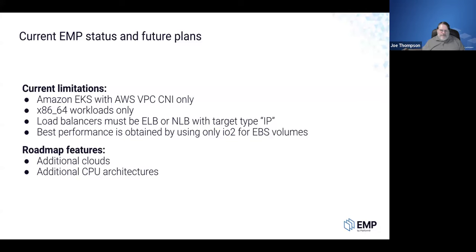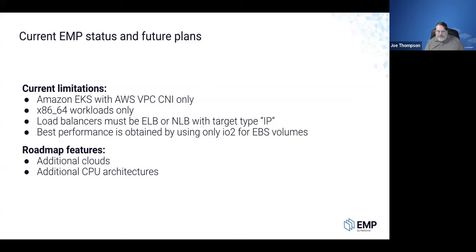And the IO2 volume attachments can migrate faster. If somebody's curious about why, I can go into the technical details toward the end when we do Q&A. But essentially, if you use other EBS volume types, they will still migrate. It will just take them a lot longer to do so. So you want to use IO2 when you can.